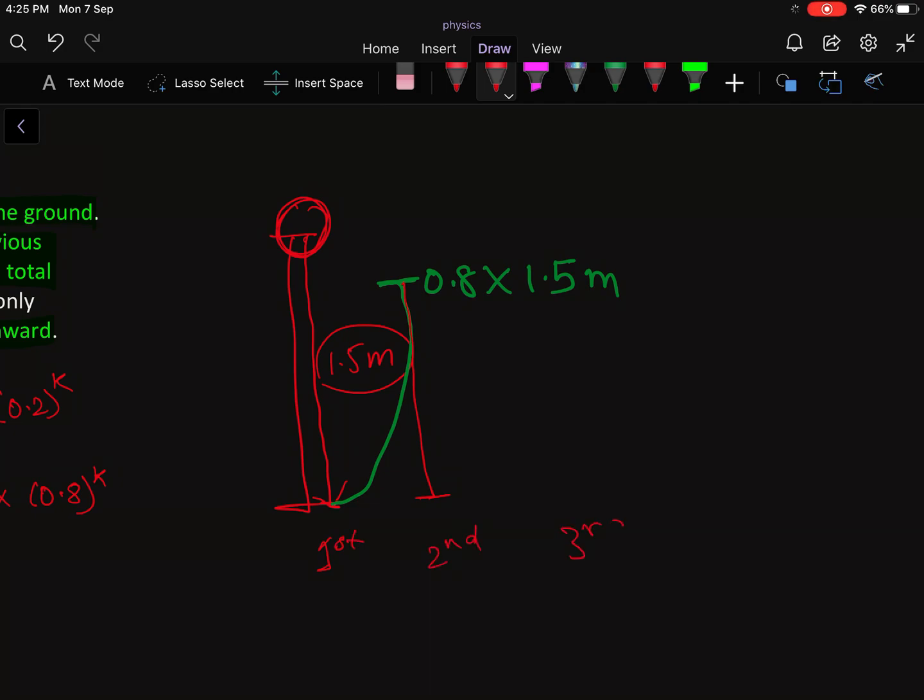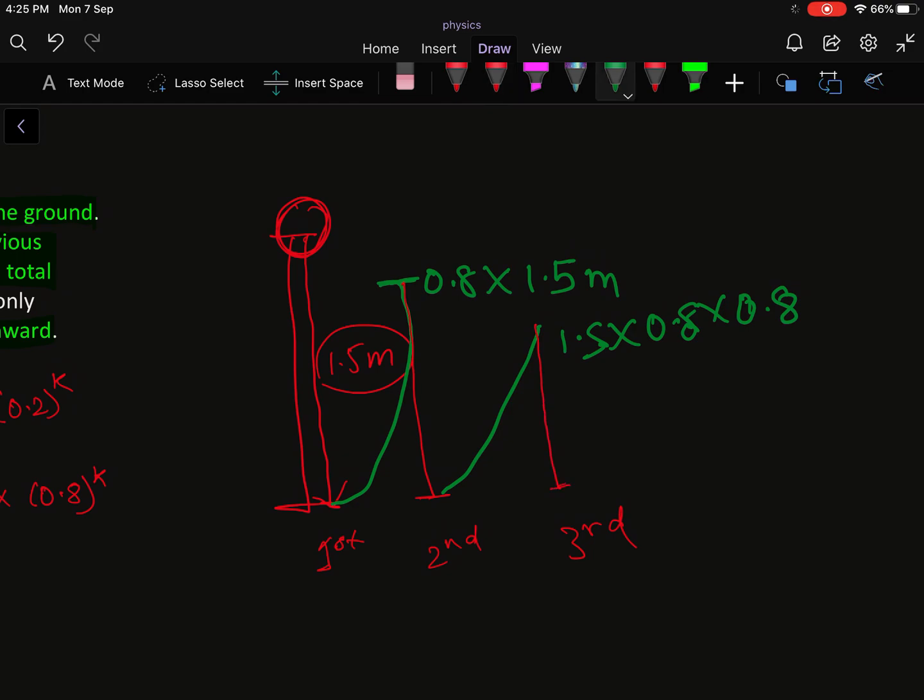Similarly, in the third bounce, it will go just 1.5 into 0.8 into 0.8 times, correct? Because it is 80%. Now it will again come down.